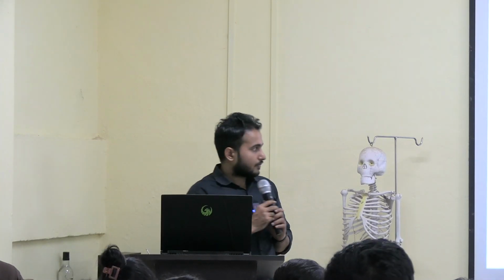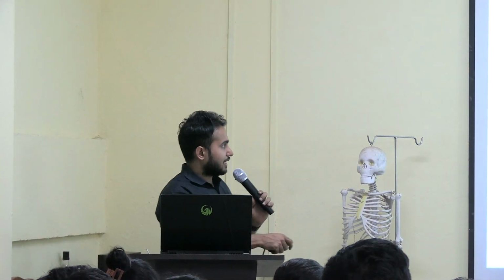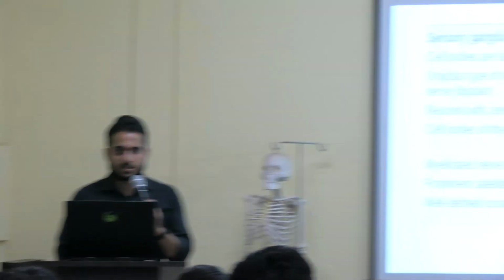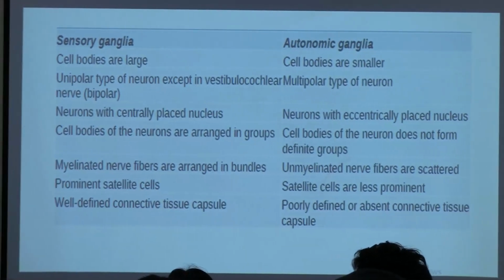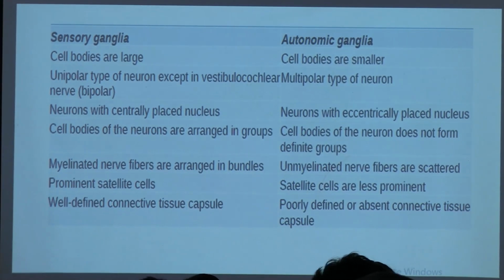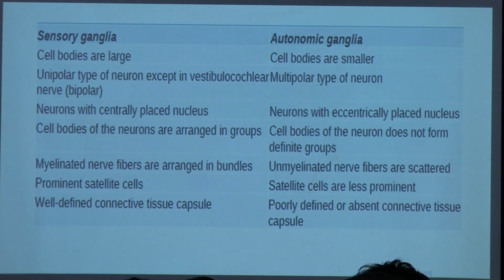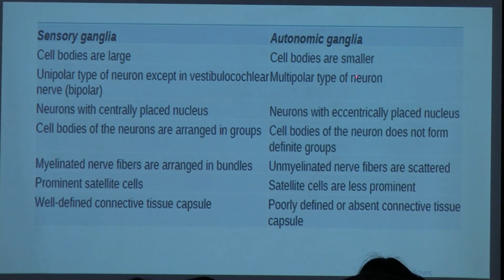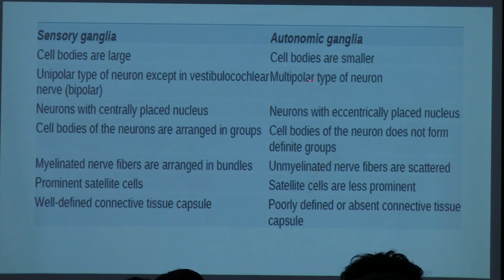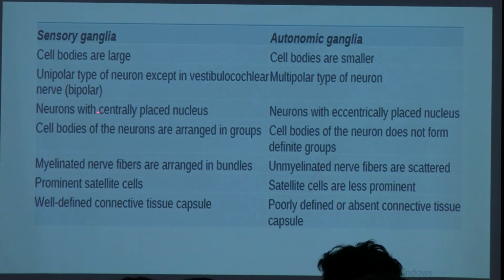Now for your reference, I have added this chart showing the difference between the autonomic ganglia and sensory ganglia. In sensory ganglia the cell bodies are larger, here they are smaller. Here pseudo unipolar and here multipolar neurons are present. Here the nucleus is centrally placed, here eccentrically placed.